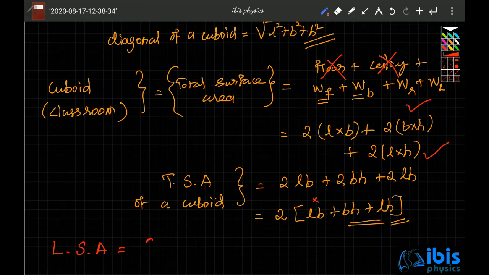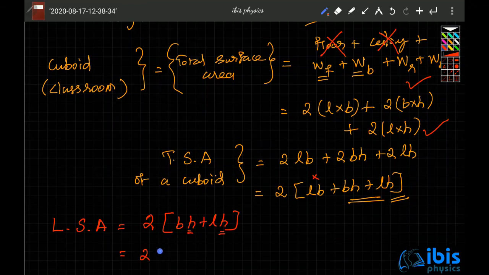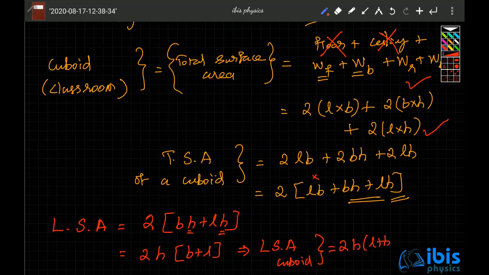So it is 2 times B into H plus L into H. And here you have H common, and 2 times you take H out, you will get B plus L. In other words, lateral surface area of a cuboid is actually equal to 2 times H into L plus B.